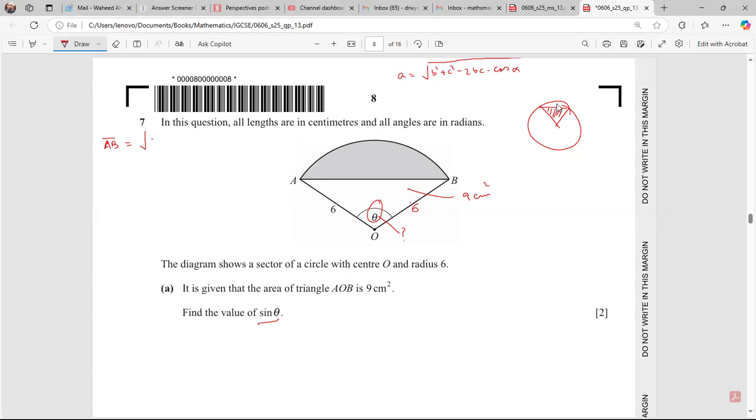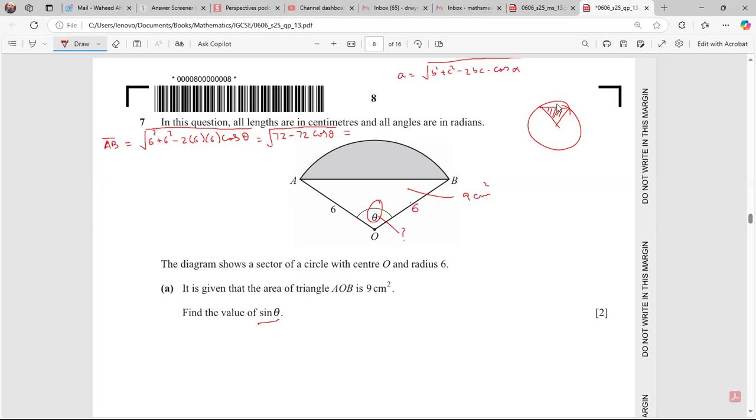So this is the square root of 6 squared plus 6 squared minus 2 times 6 times 6 times cosine of this angle theta, right? So 36 plus 36 is 72, minus 72 cos theta.